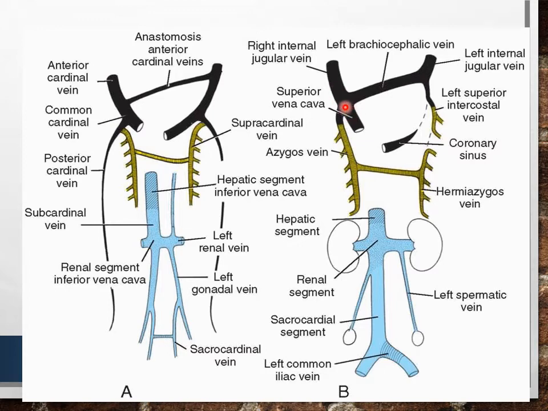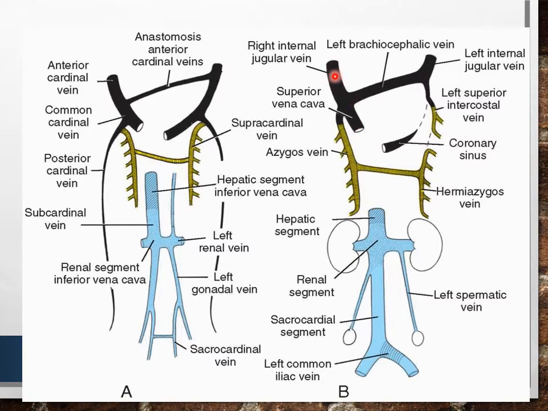So this is the formation of the superior vena cava. The superior vena cava is formed by the right sided common cardinal vein and the proximal part of the right anterior cardinal vein.